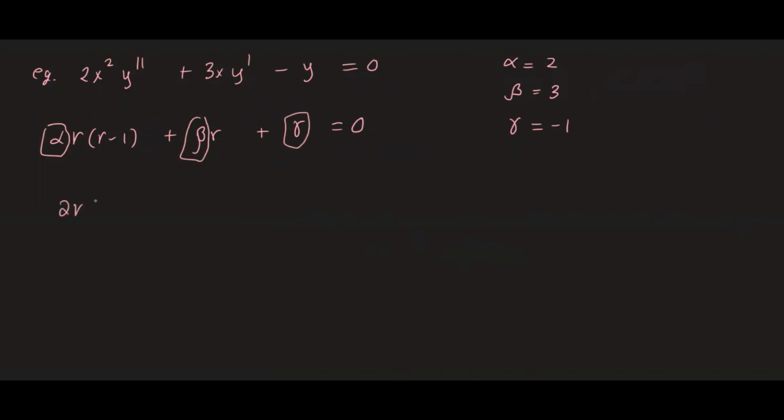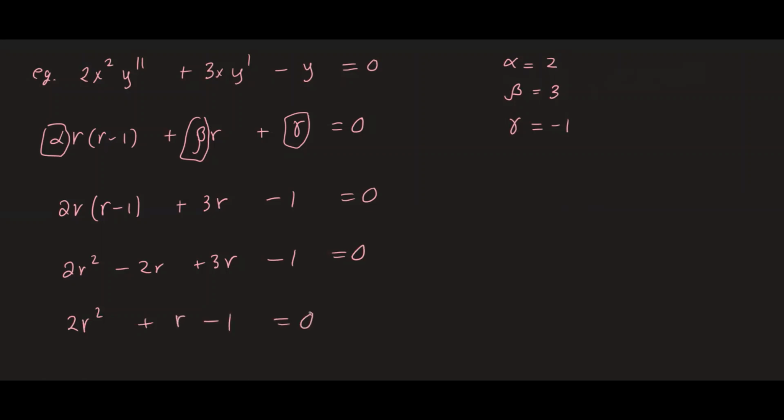So we have 2r times r minus 1, beta is 3, so that's 3r, and gamma is -1, minus 1 equals 0. And now we just solve this polynomial equation. So we have 2r squared minus 2r plus 3r minus 1 equals 0, which simplifies to 2r squared plus r minus 1 equals 0.